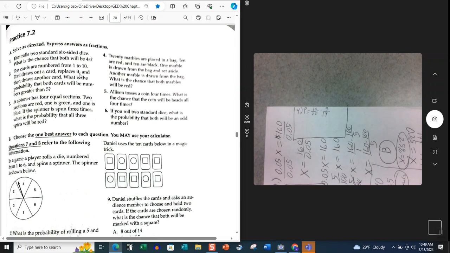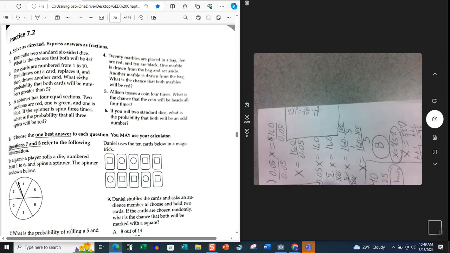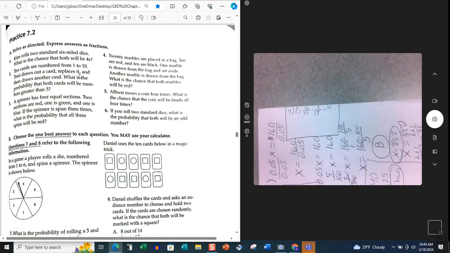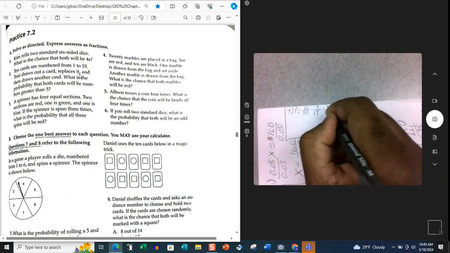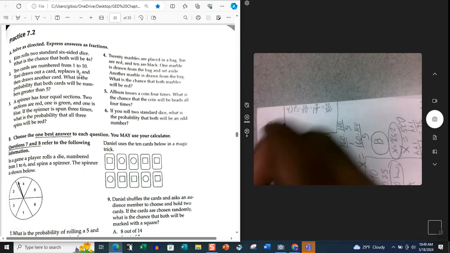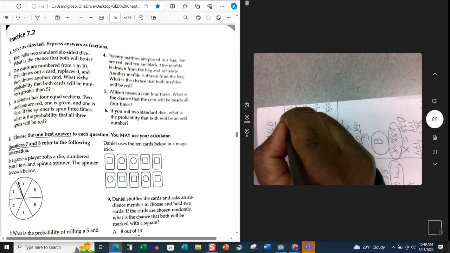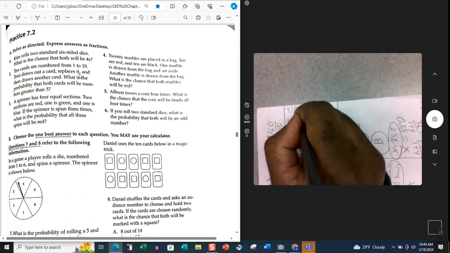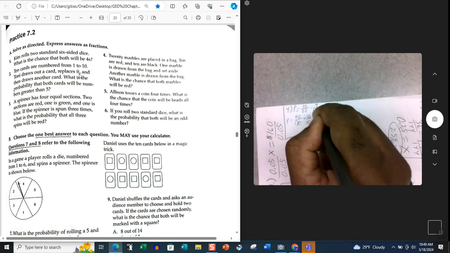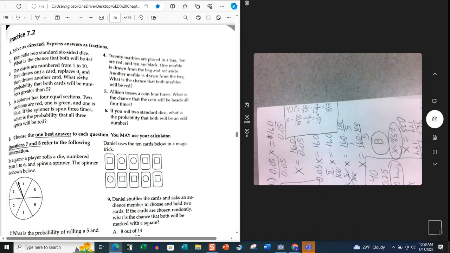So now we multiply. 10 times 9 is 90. 20 times 19 is 380. Now both of these have 10 in common. So we'd divide both of these by 10.